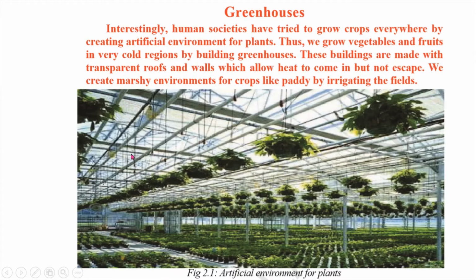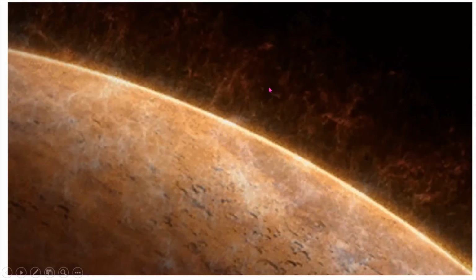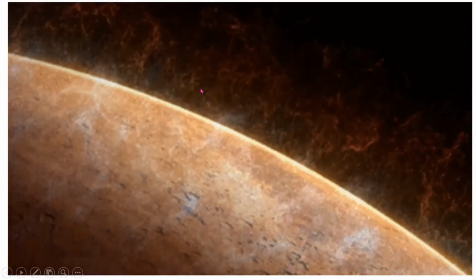This causes an artificial environment for the plants, and this heat and energy is used for growing the crops, creating artificial environments for plants. Thus, we can grow fruits and vegetables in very cold regions by building greenhouses. These buildings are made with transparent roofs and walls which allow heat to come in but not escape. We create marshy environments for crops like paddy by irrigating the fields, and this is how they are reflecting.